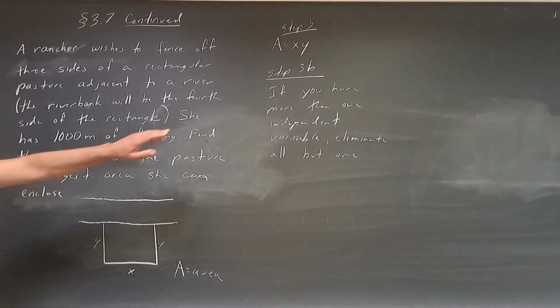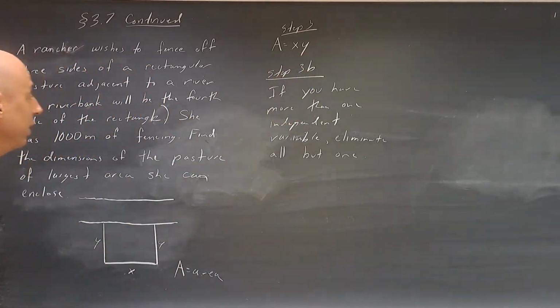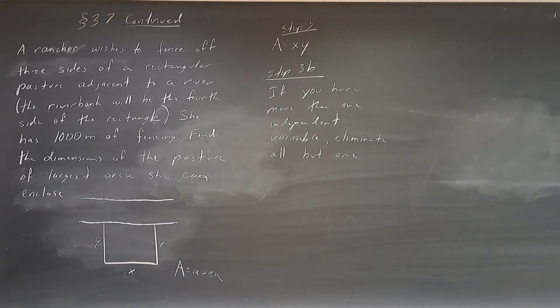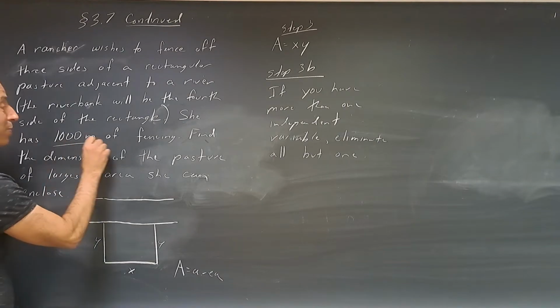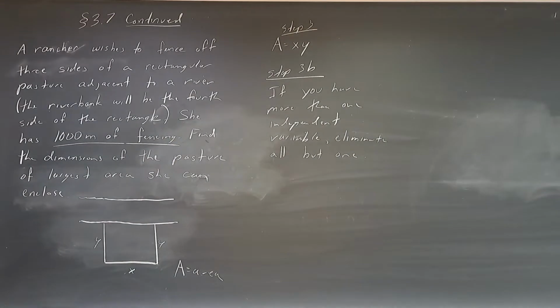So this time we have 2 independent variables, x and y. We have to get rid of one. To do that, we're going to look back at the problem. So we're going to look for something that connects x and y. Well, we haven't used this piece of information that we have 1,000 meters of fencing yet. Let's go ahead and use that now.